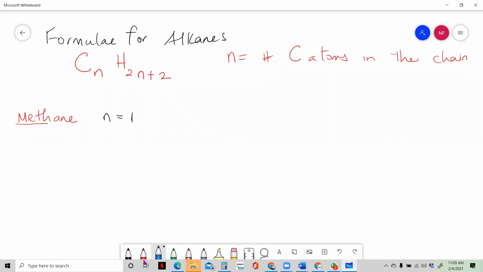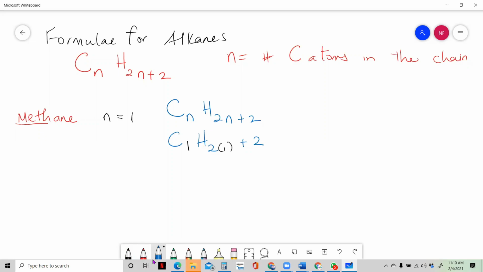So I'm writing back my general formula, CnH2n+2. I need to substitute what my N is equal to. So I'm going to end up with C1H, 2N, which is 2 times 1, plus 2.